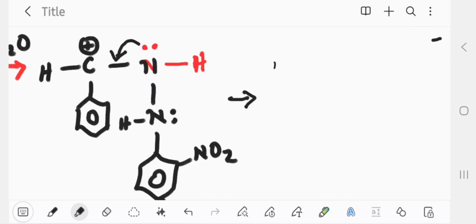We're supposed to have hydrogen, carbon, then the benzene ring, right? Then the positive charge is gone, so we have a double bond here. Then we have nitrogen, then we have that hydrogen you see there.